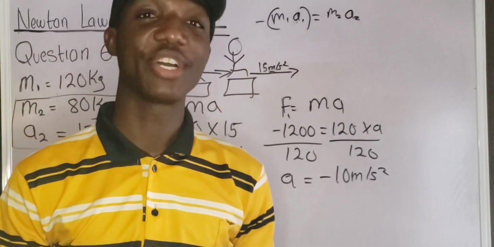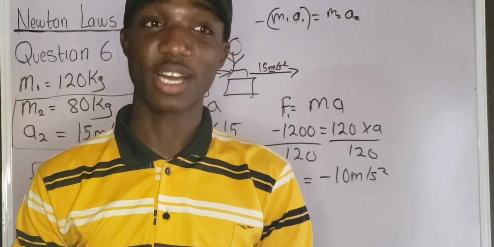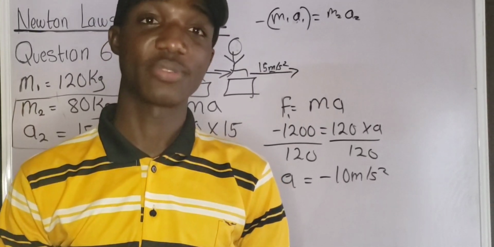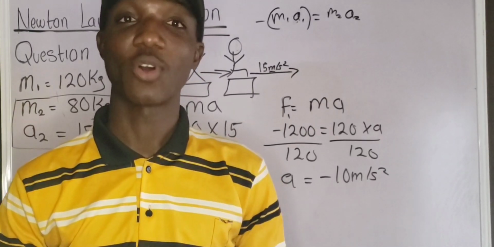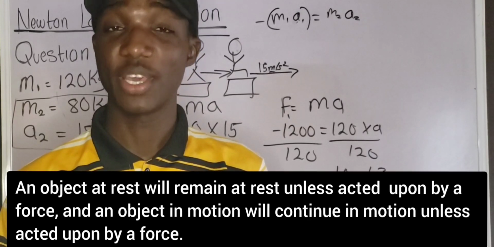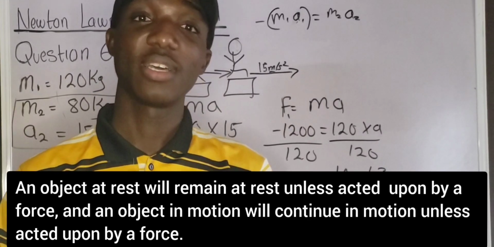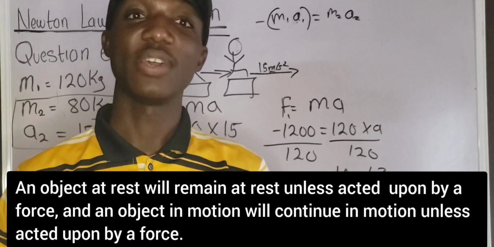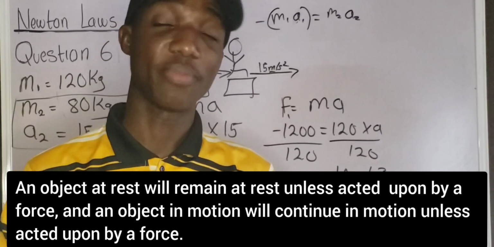Okay, let's do a recap of what we have learned so far in this class. We start from Newton's first law of motion. The first law states that an object at rest will continue at rest unless acted upon by a force. This implies that there is no change in position of an object at rest unless it is acted upon by a force.